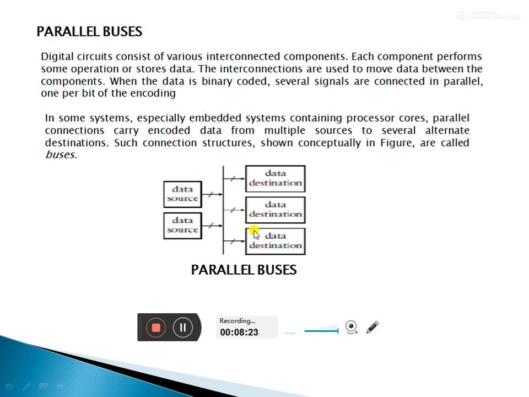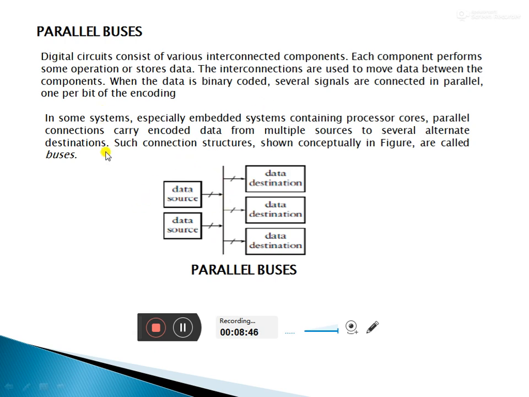Give examples of parallel buses. A train track, a railway track, is the best example of parallel. Parallel means there is no joining point; it moves continuously. Railway tracks are the best examples for parallel devices or parallel buses.